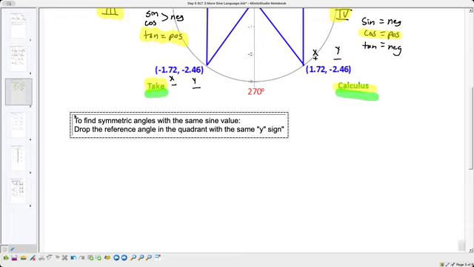So like if we're starting in the first quadrant, we're going to drop to the second quadrant. If we're in the fourth quadrant, we're going to go to the third quadrant. After that, we are then going to determine the angle in standard position.